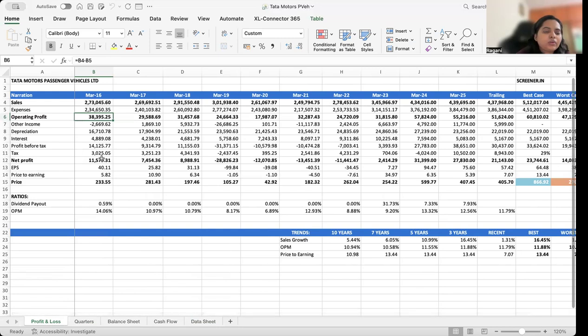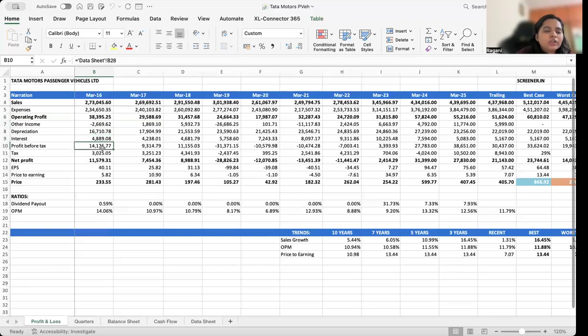Then I am talking about the net profits. Income expenses: I took the data from the data sheets for other incomes, depreciations, interest, and profit before taxes.